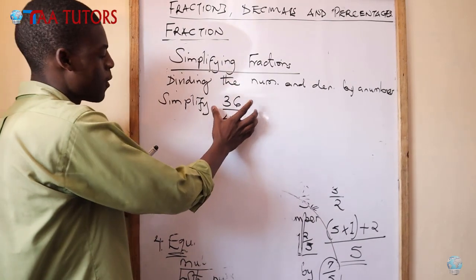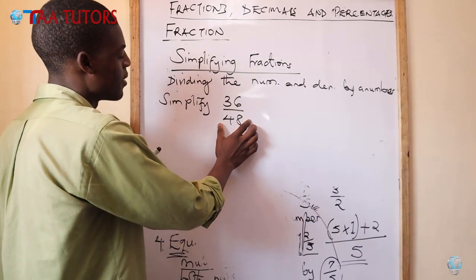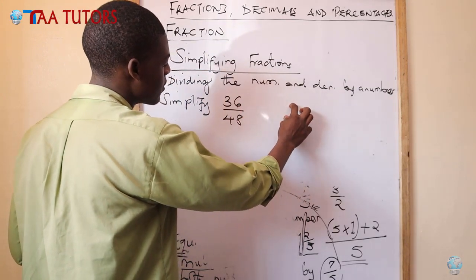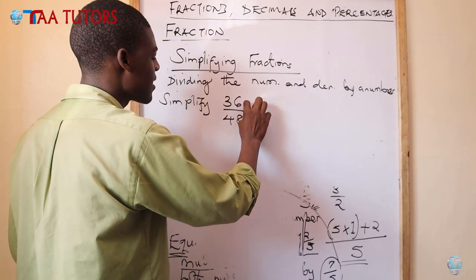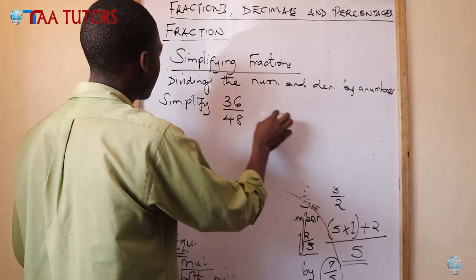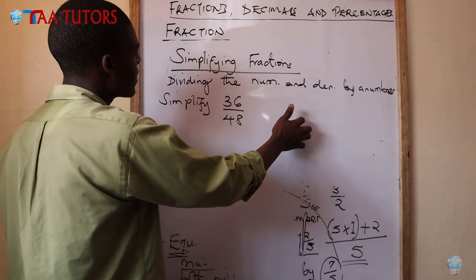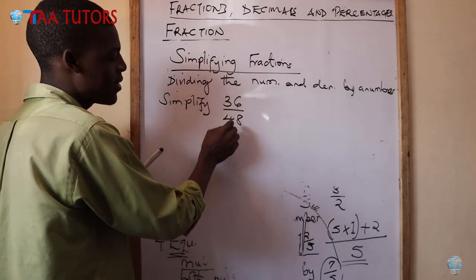We have 36 over 48 as our fraction. But we can decide to take this one to a smaller value. The process by which we are taking this to a smaller value is by dividing the numerator and the denominator by a number. Now when we do that, we are simplifying the fraction.